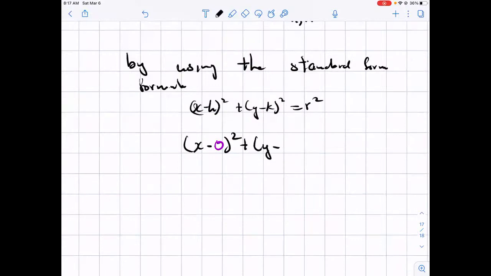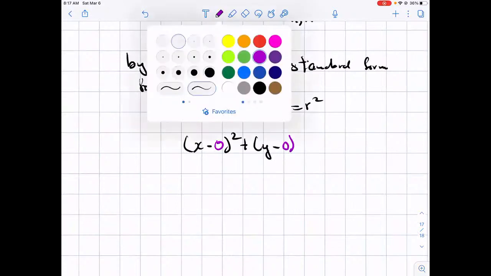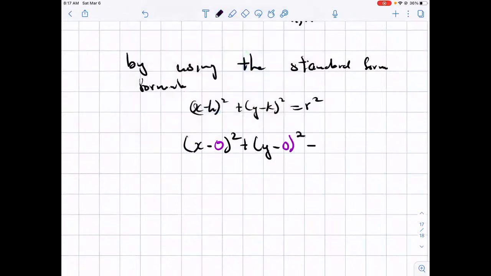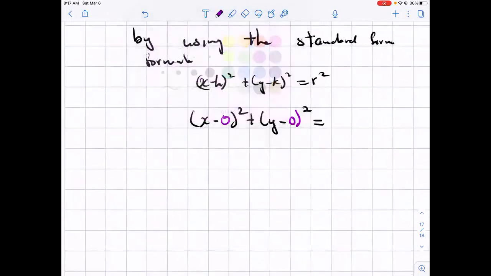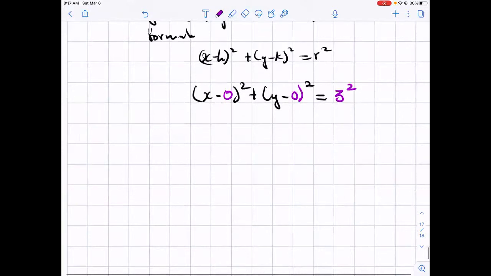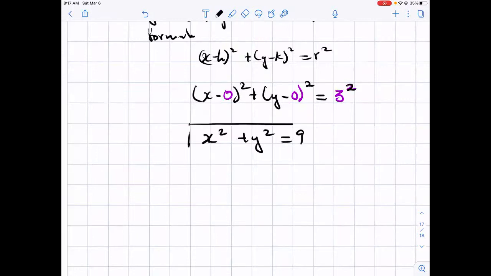Plus y minus, instead of k, that's also 0 because it's at the origin. That is equal to r, we know is 3. So replace r with 3. So if we do this, we have here x squared plus y squared is equal to 9. And this is the equation of our circle.